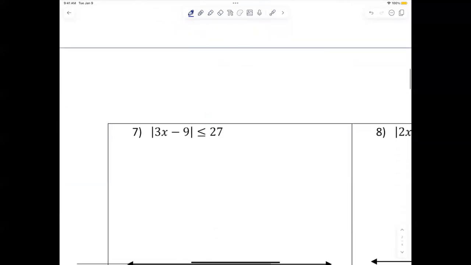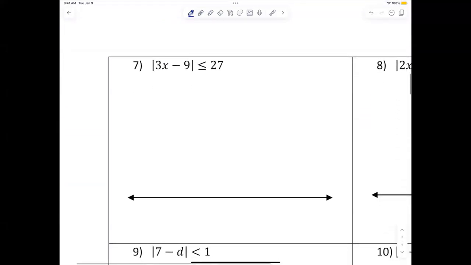All right, let's check out number 7. Three x minus 9 less than or equal to 27. 3x minus 9 greater than or equal to what? -27. Anybody have any trouble with that?